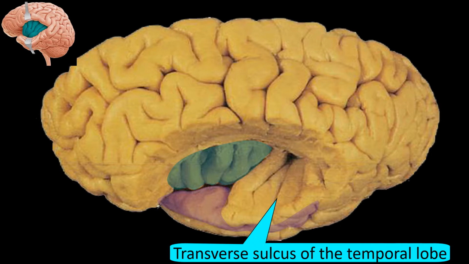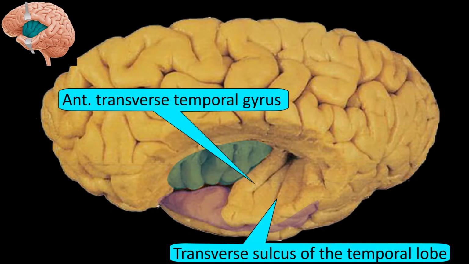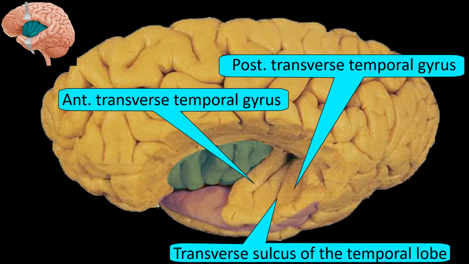Anterior to it is the anterior transverse temporal gyrus, and behind the sulcus, the posterior transverse temporal gyrus.